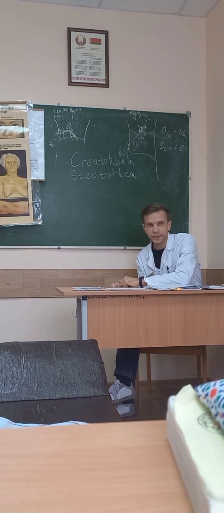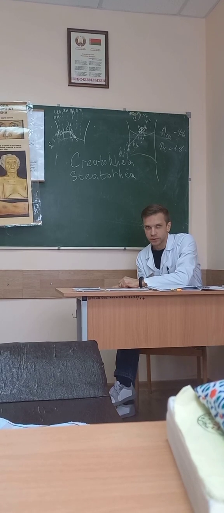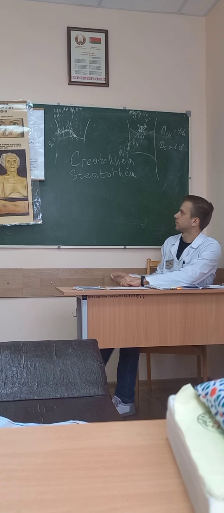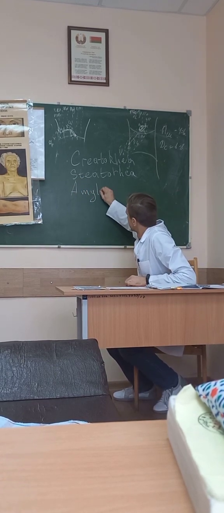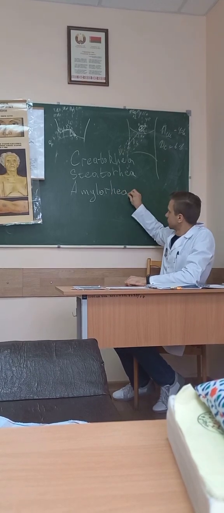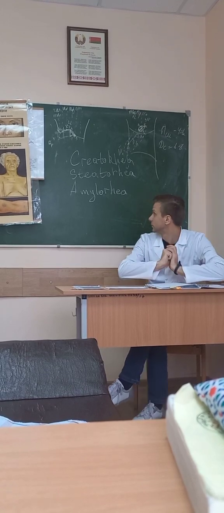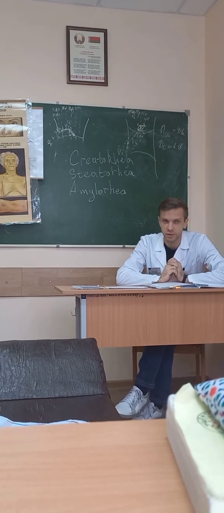Starch has to be absent. Presence of digestible cellulose and or starch is named amylorrhea. So these three symptoms show us abnormal digestion.